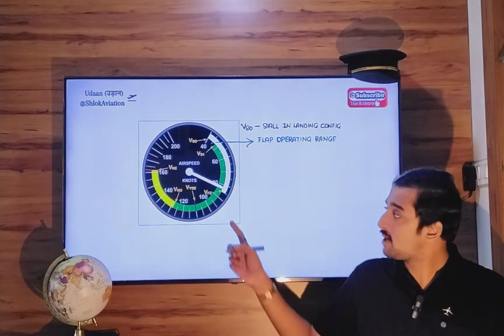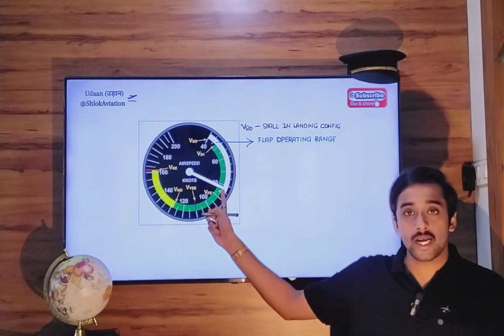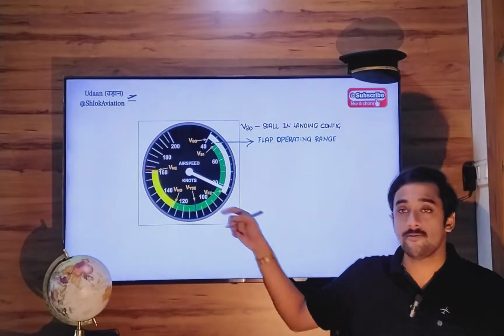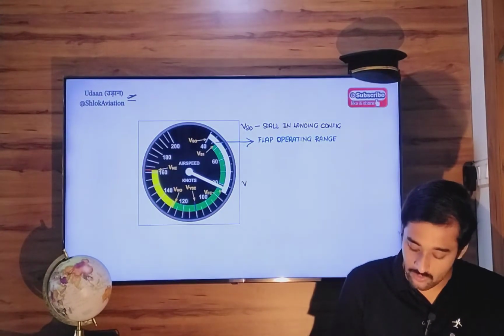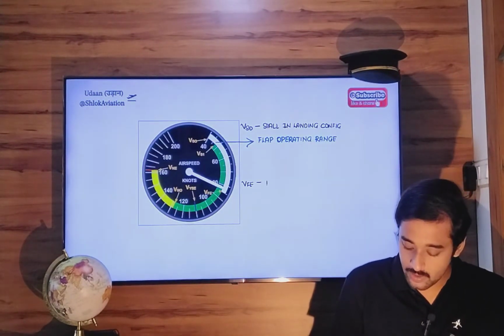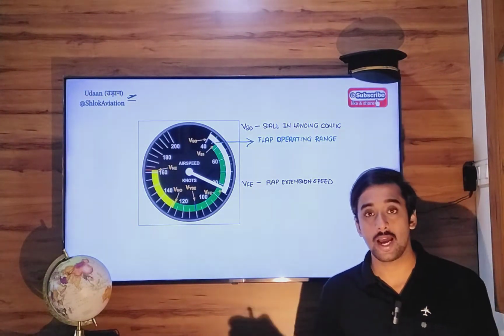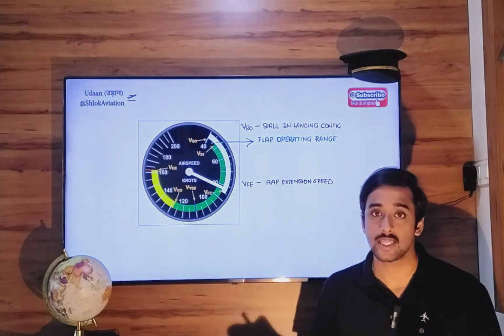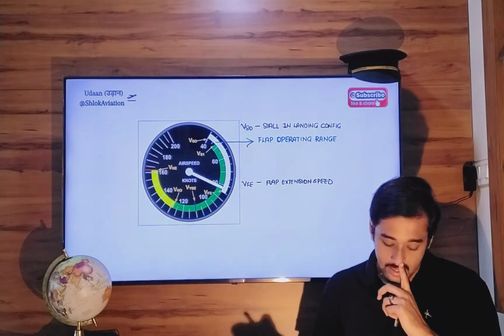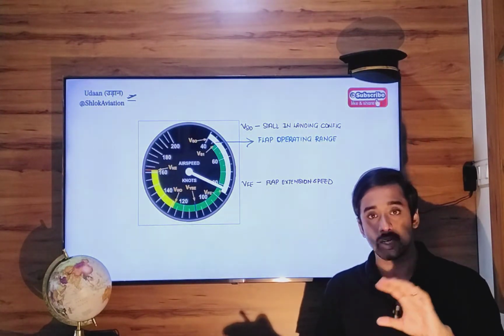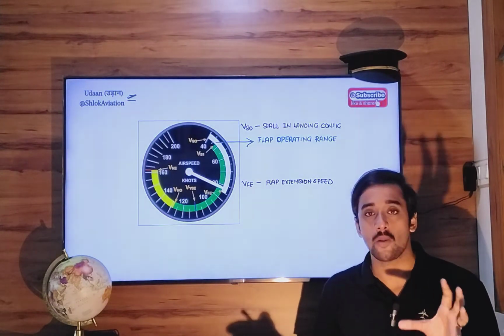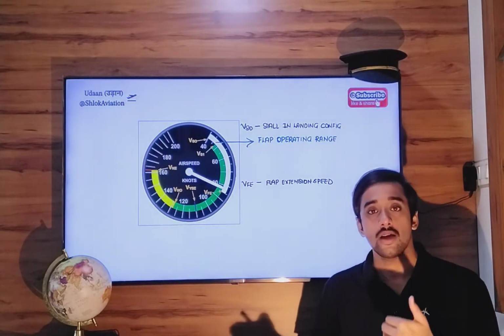Next, the upper limit of this white arc flap operating range is VFE. Now what is VFE? VFE is flap extension speed. So this is the maximum speed at which you can extend your flaps safely. Okay, and then the entire white arc is the speed range in which you can fly your aircraft with your flaps extended.